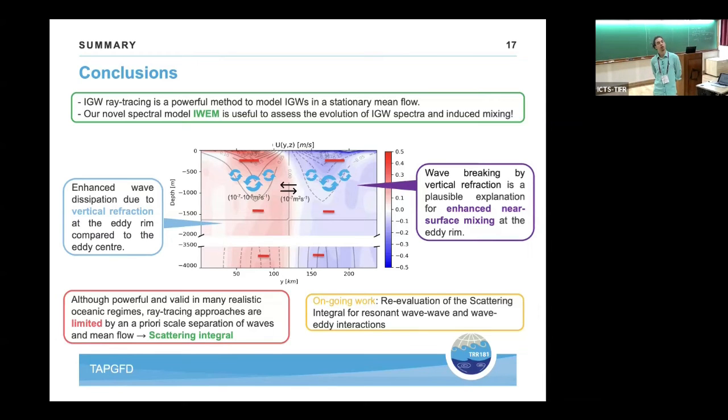So I'm not sure how these two play together, because when we assume that there's a scale separation, and when we look at, for example, the non-acceleration theorem that Carsten had spoken about, we have this idea that the waves as rays are being reflected back and forth off of the two interfaces in a region where the mean flow is homogeneous. But you're finding, using a ray tracing approach, that the waves are leaving this region.